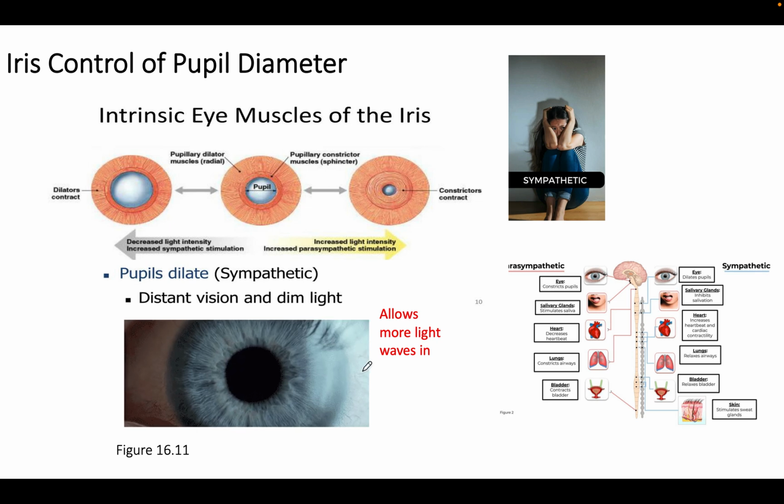All right. Now, there is a clinical sign, something you can look for when patients are taking opioids, and it's something known as pinpoint pupils. This has to do not necessarily with the light coming in, but with the medications that they're taking.